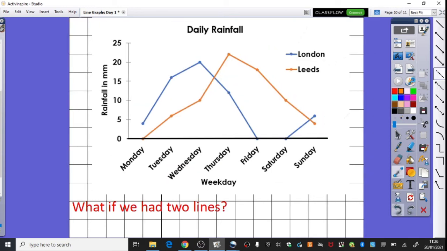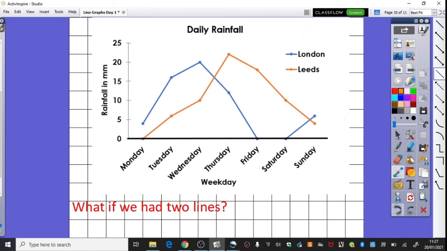Okay, so if we have a little look again at this line graph that we previously looked at at the beginning, we can see we've got 2 sets of data, one for London and one for Leeds, and this particular line graph is all about rainfall. We could be asked a range of questions, particularly around comparing the rainfall between London and Leeds.